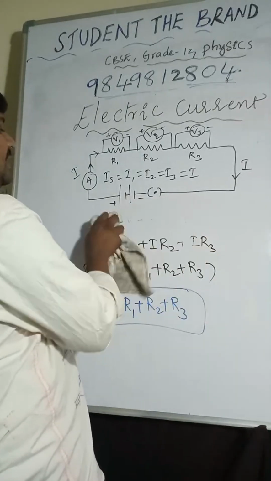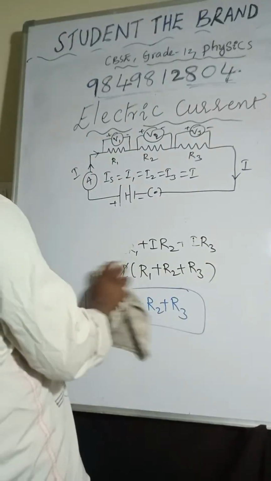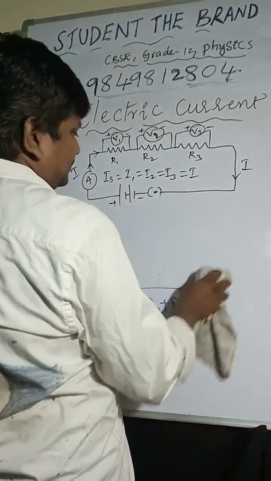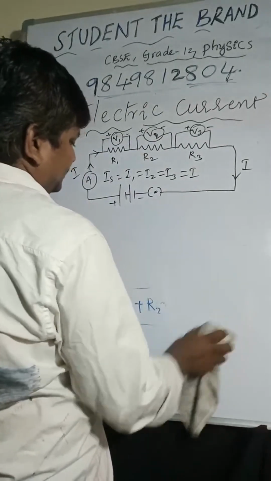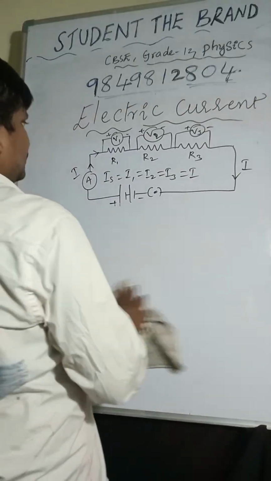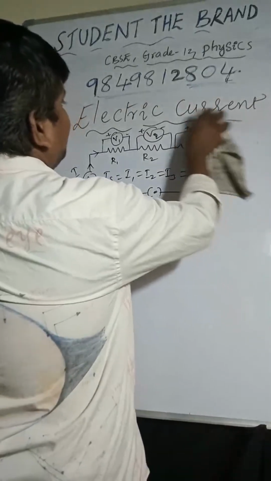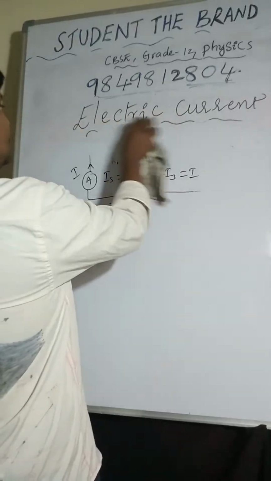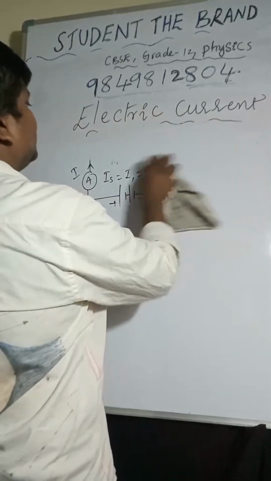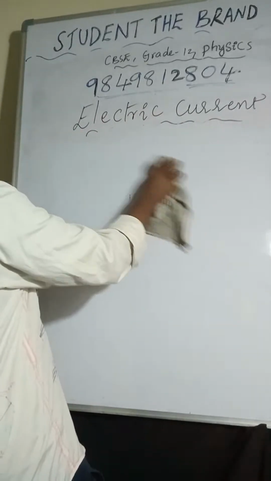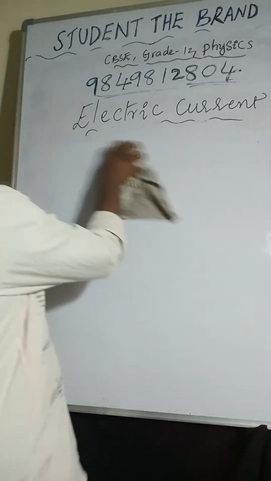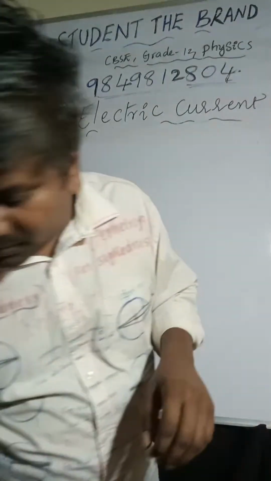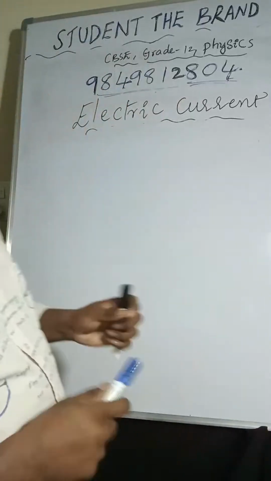Now resistors connected in parallel combination. We'll discuss now. Resistors are connected in parallel combination.